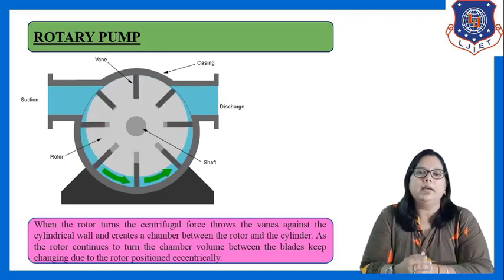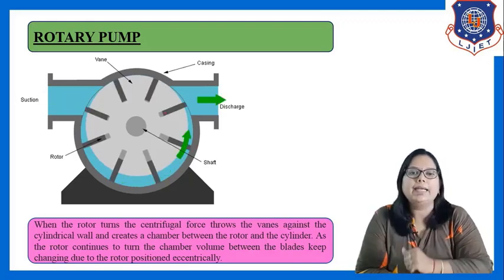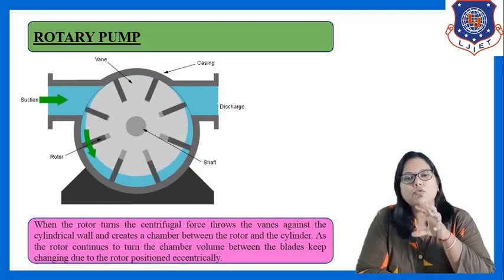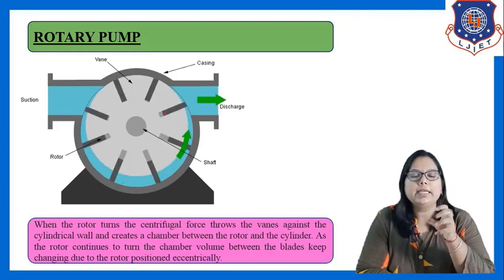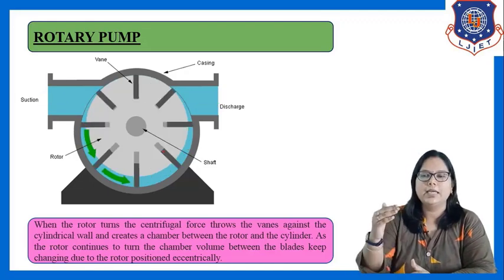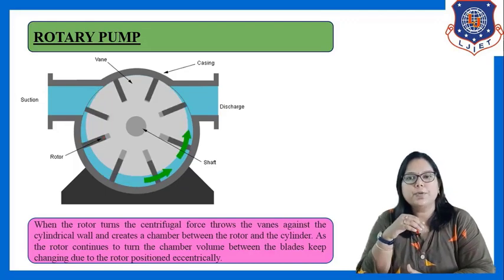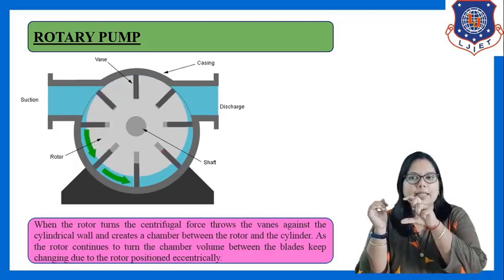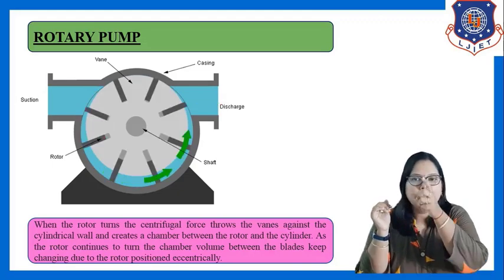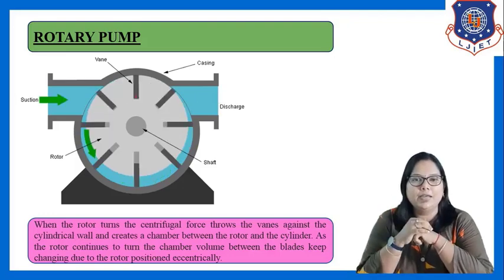Now when it is in working condition, what will happen? The rotor rotates at high speed, and on that rotor there are vanes. As it rotates, it creates high centrifugal force. You can see in the figure, as the liquid enters inside the rotor from the suction line, due to high centrifugal force, you can see the green arrow in the figure.